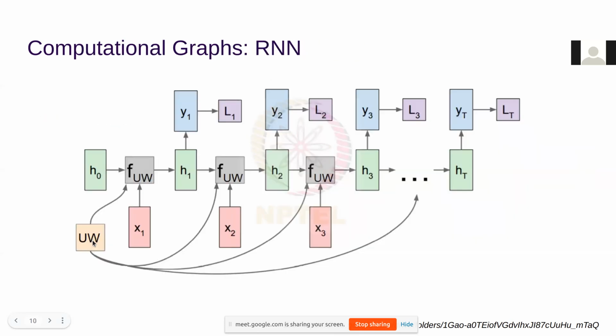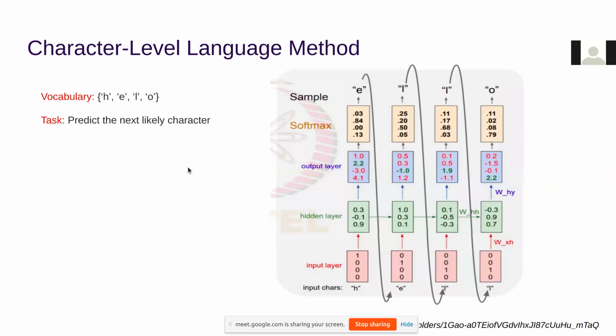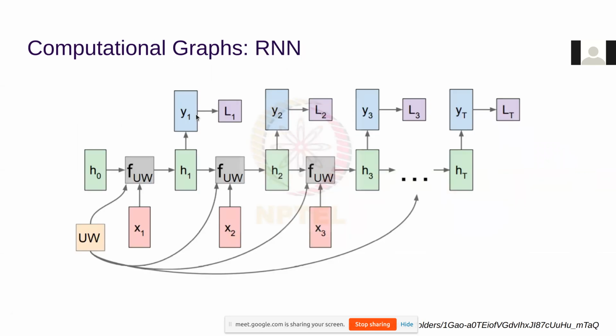So what is happening here is that when we give an input x1 to this RNN, it will take the previous hidden state, use these parameters u and w to compute the function of x1 and h0 to predict h1. And when the hidden state information is updated, it will use it to predict y1.